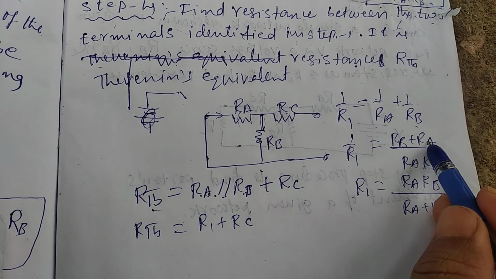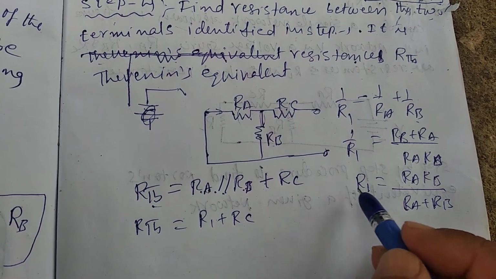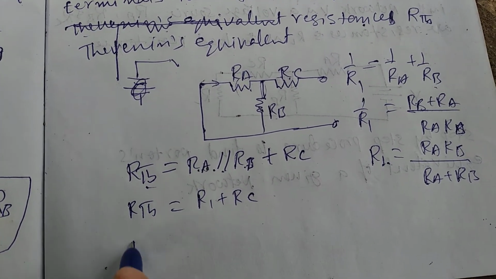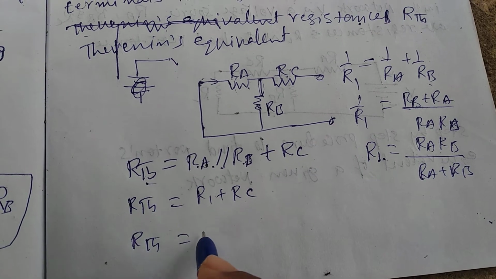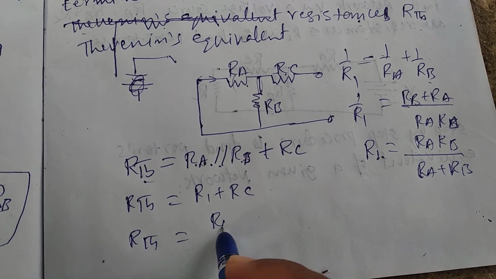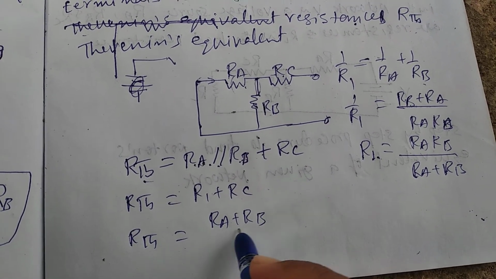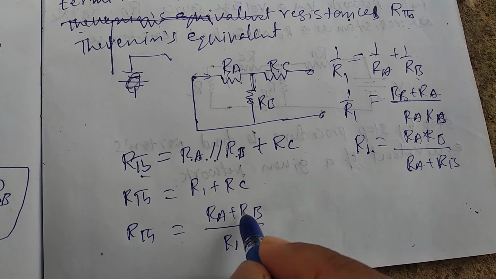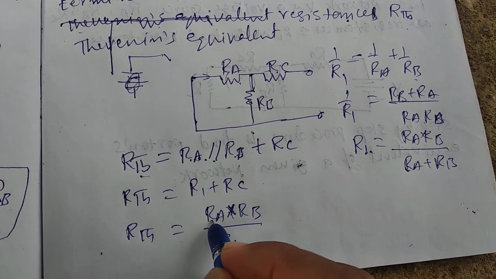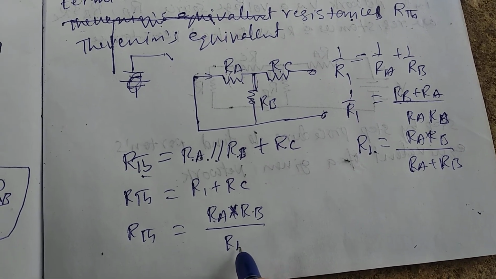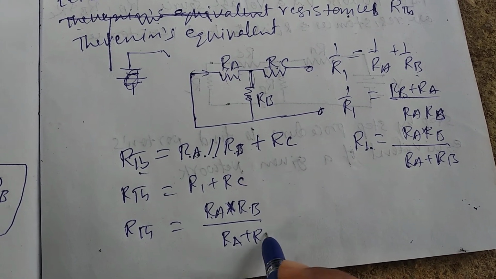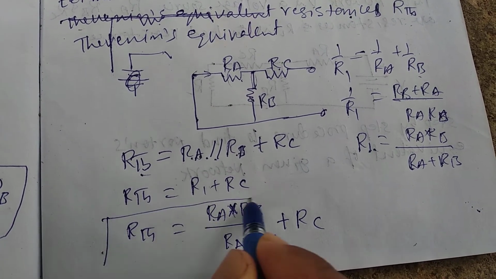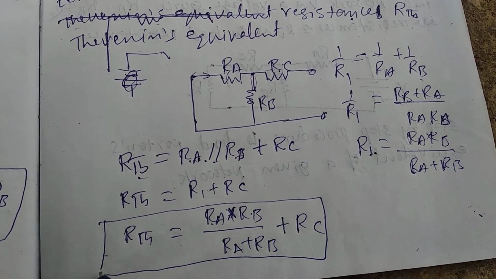Substituting this R1 value, Rth equals Ra Rb by (Ra plus Rb) plus Rc. So this is the Rth formula.